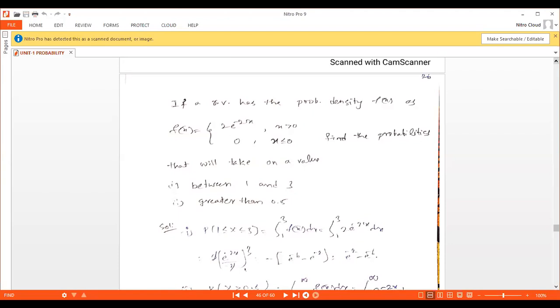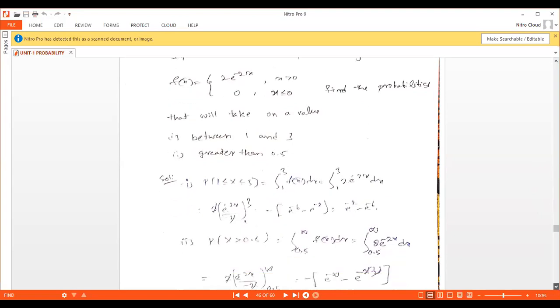If a random variable has the probability density function f of x as 2 e power minus 2x for x greater than 0, otherwise 0, find the probabilities that it will take on a value between 1 and 3 and greater than 0.5. So we need to calculate the probability values.